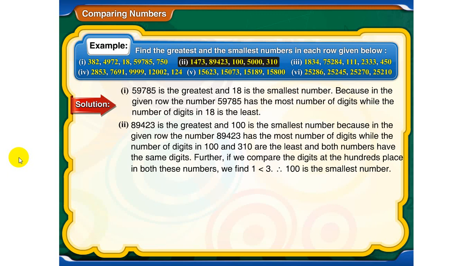Further, if we compare the digits at the hundreds place in both these numbers, we find that 1 is less than 3. Therefore, 100 is the smallest number.